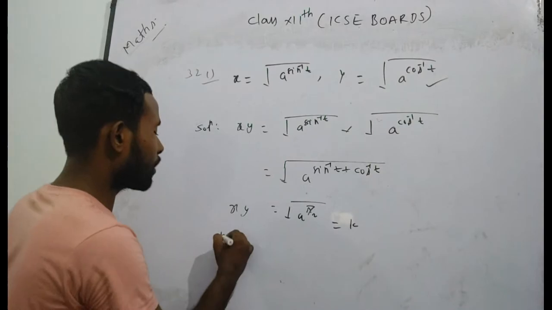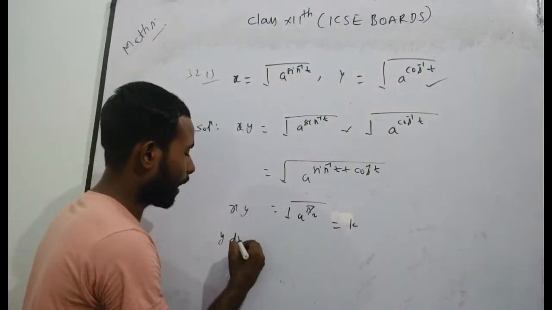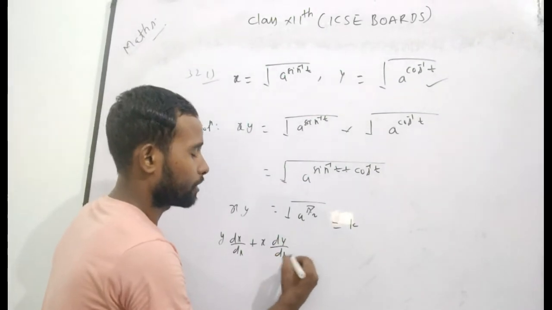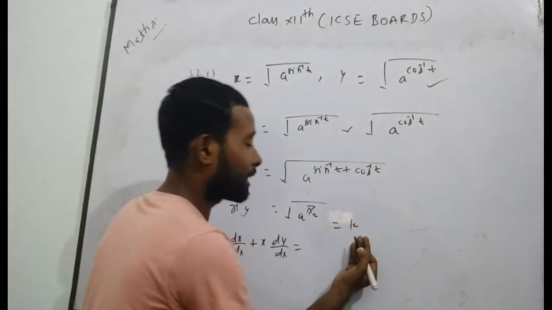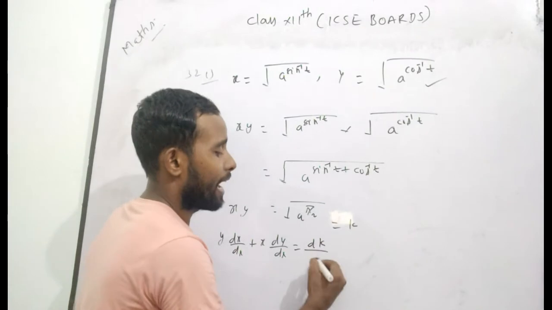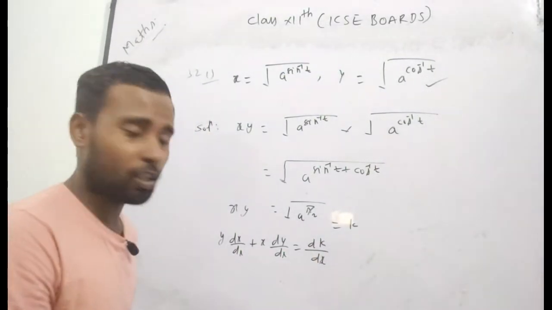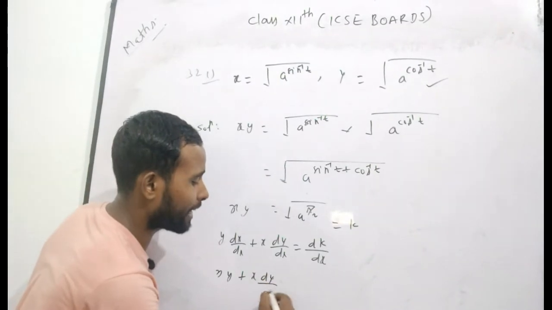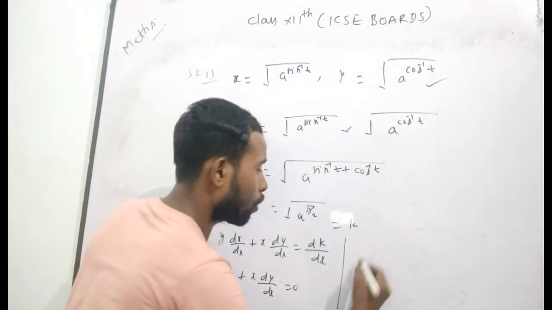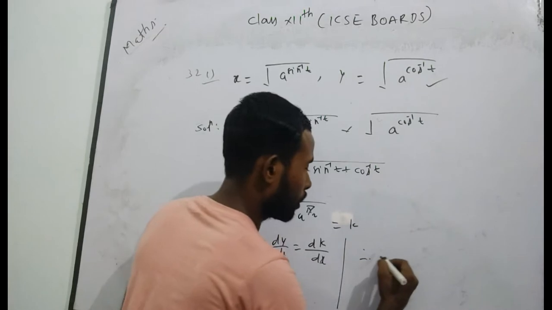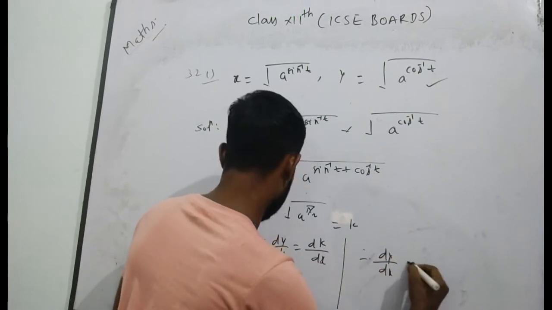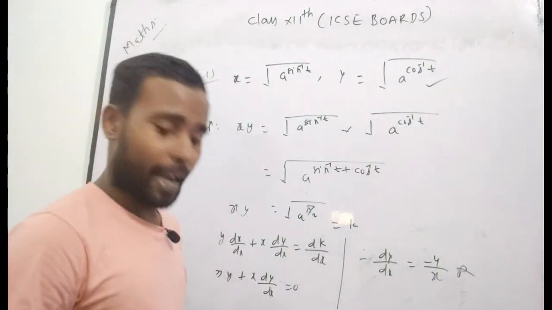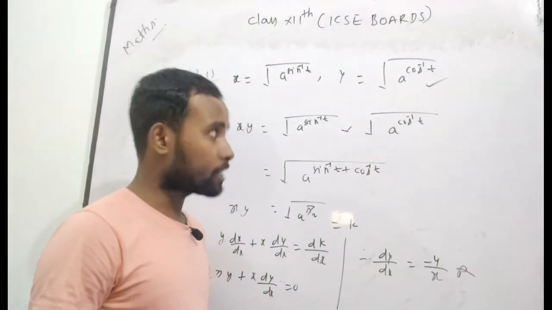Using the multiplication rule, you get y times dx by dx plus x times dy by dx, and the derivative of k with respect to x is 0 on the RHS. So y plus x times dy by dx is equal to 0, so dy by dx is equal to minus y by x. This is your required answer of this question.